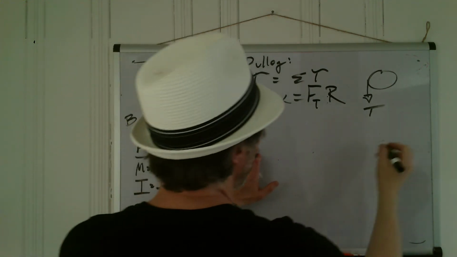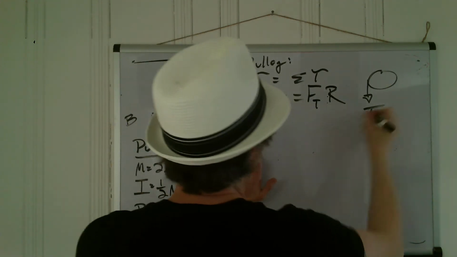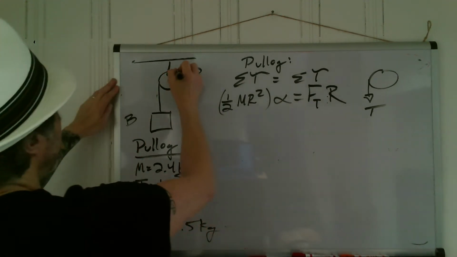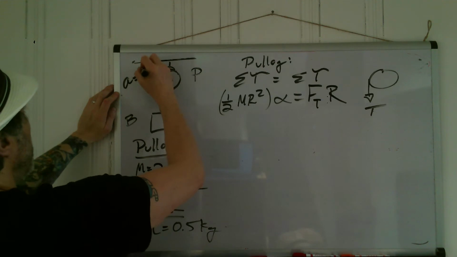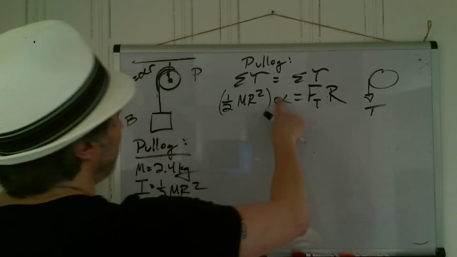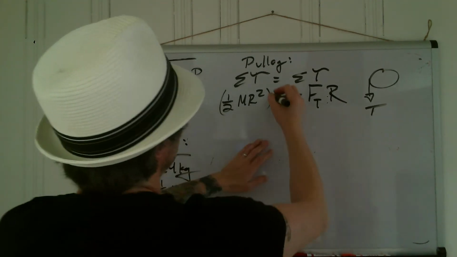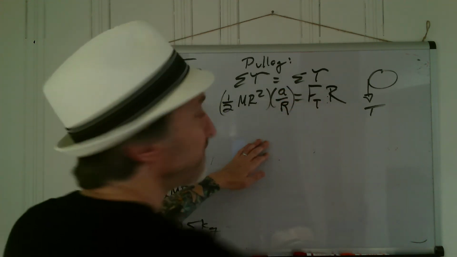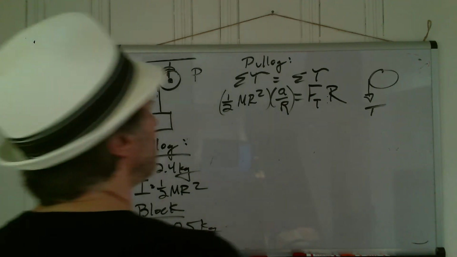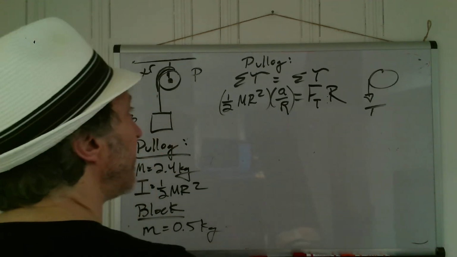Okay, so remember the trick that we used in the last one. Because the rope is not sliding at the outside edge of the pulley, the acceleration is equal to alpha R, which means alpha is A over R. Now, hooray, all of my R's cancel.